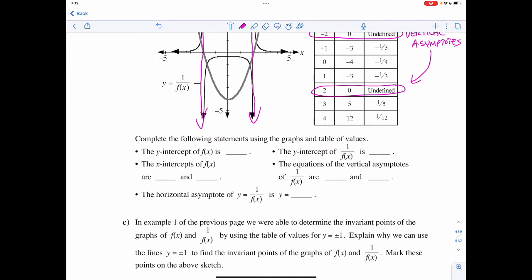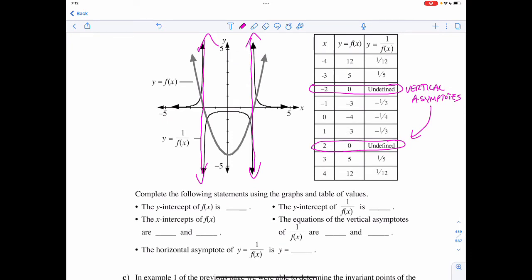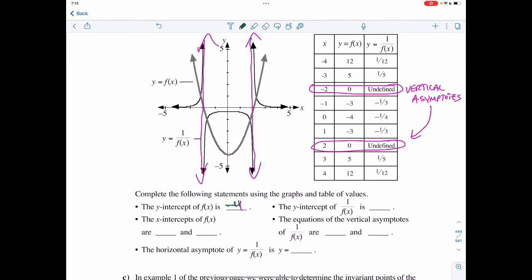We know the y-intercept of my original function is at -4. I can see that right here. The y-intercept of my reciprocal would be at -1 over 4. Right here, or the reciprocal right here.